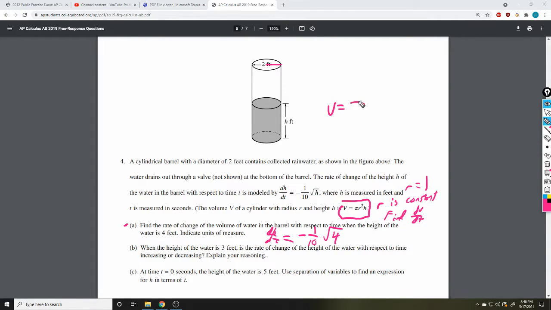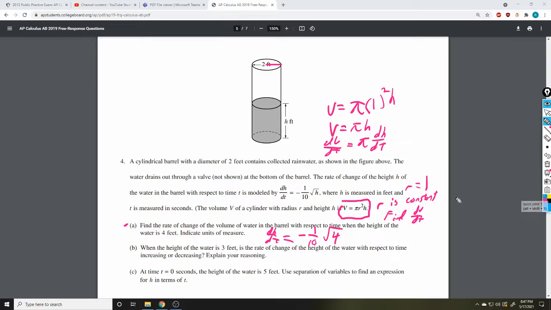So really, this is pi times 1 squared h. Height changes as I move up and down here, but my radius doesn't. So really, v equals pi times h, which means that dv dt equals pi times dH dt. So now I have dH dt, solve for dV dt.